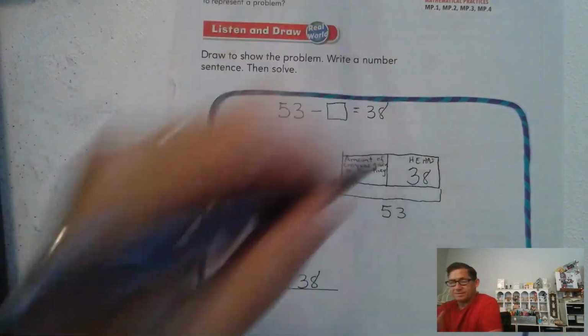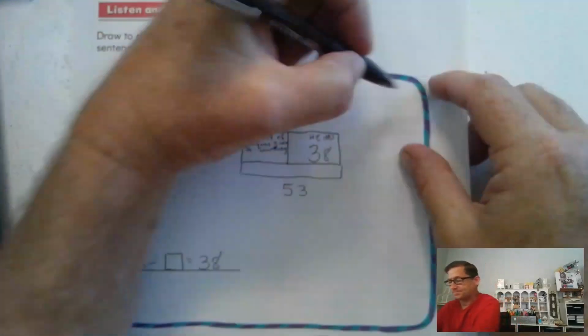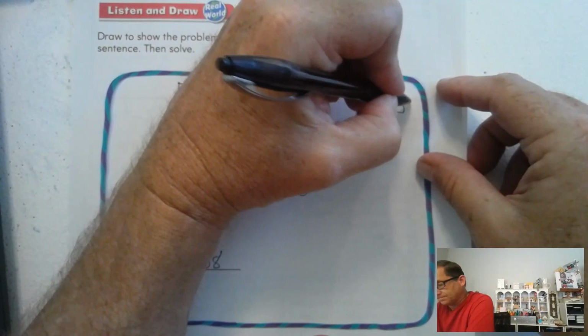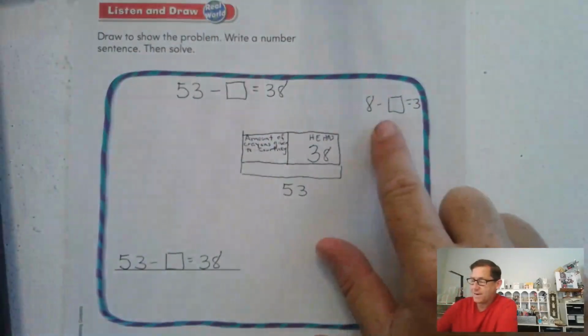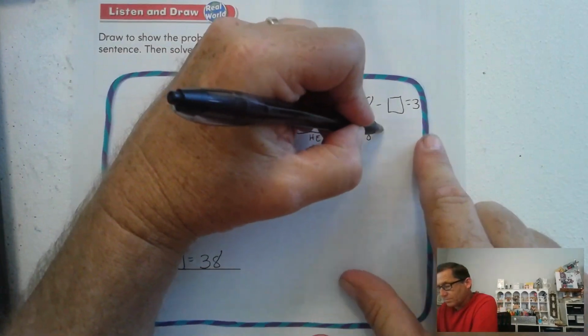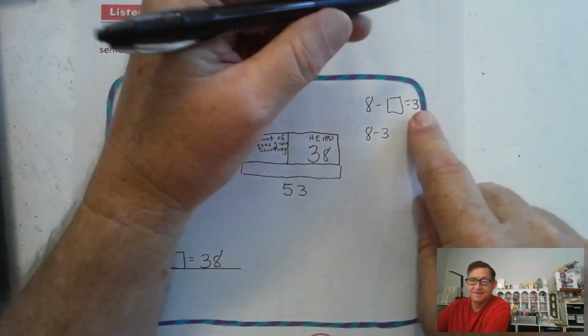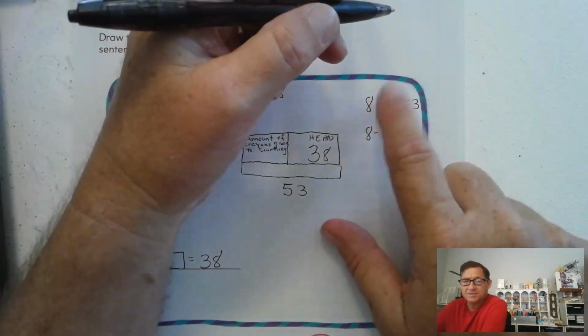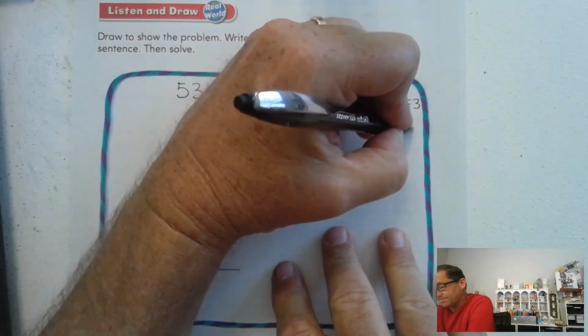Okay, so let's look at something here. 8 minus something equals 3. If I take the difference and subtract it from the amount I have, that should tell me this missing number.